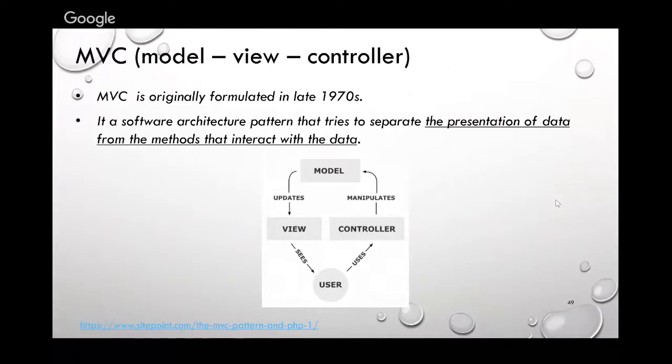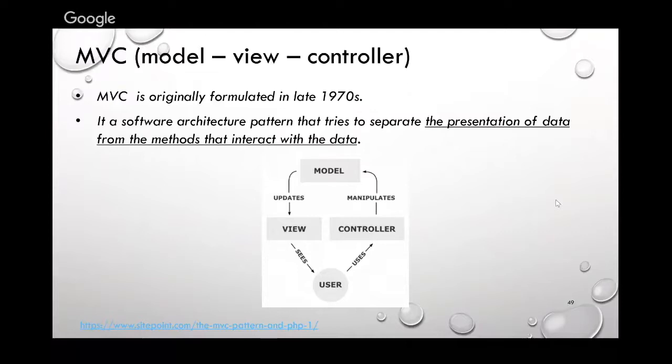So view usually means the page you are going to see. Let's say the web page itself, the HTML code, the CSS code, or JavaScript. This code that you really see, also called front-end code, is usually the view part.